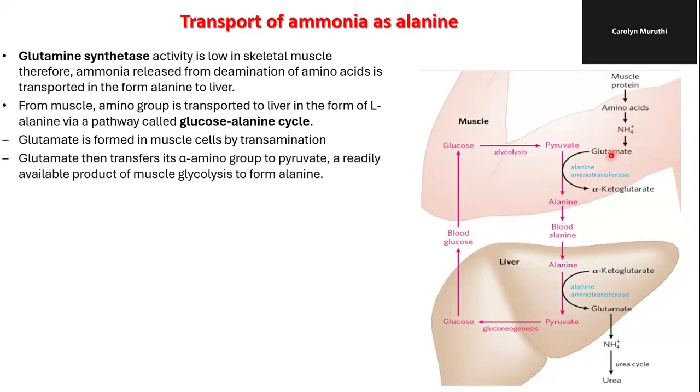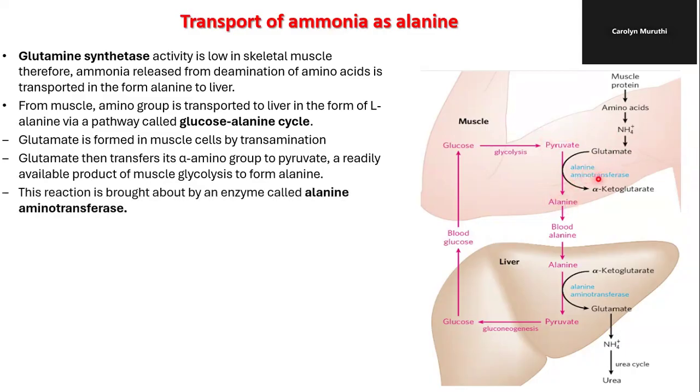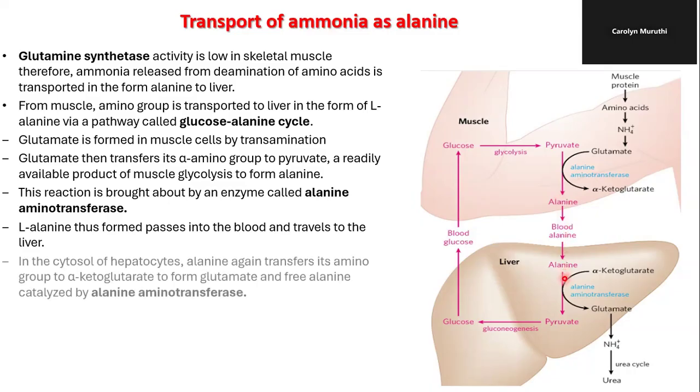And then glutamate will transfer its amino group to pyruvate, a product of glycolysis, to form alanine. And this reaction is catalyzed by alanine aminotransferase. It will give rise to alpha ketoglutarate. And then alanine will pass into the blood and travel to the liver.